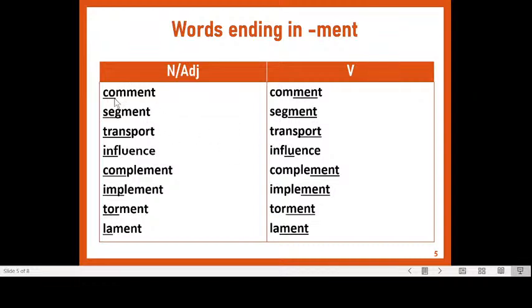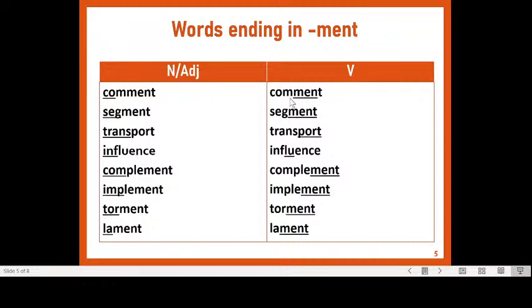Now the first word is comment, segment, transport, influence, complement, implement, torment, lament. Now, transport does not end in ment, and influence does not end in ment. It's another one. I put them here by mistake.